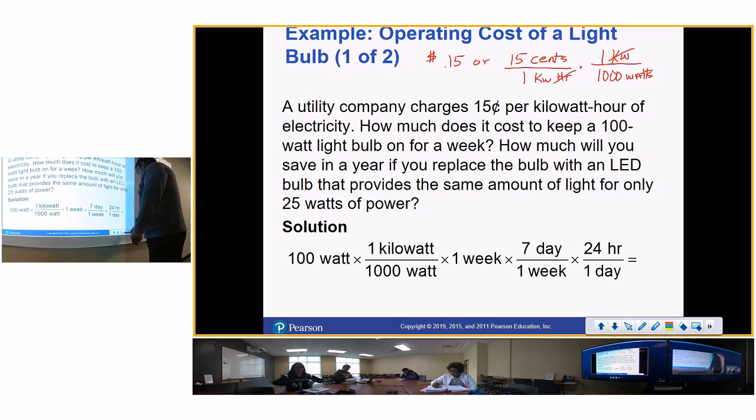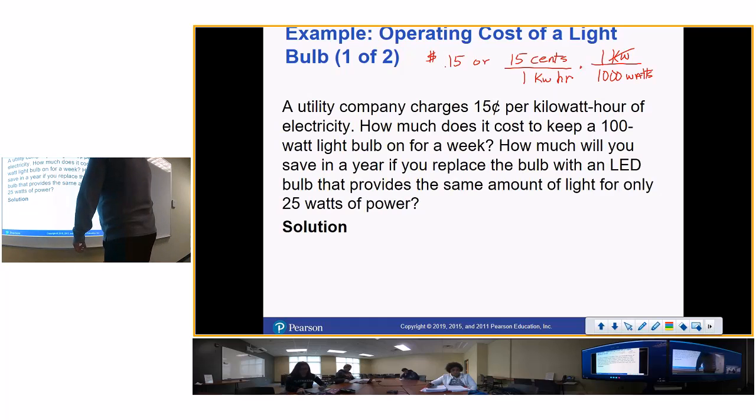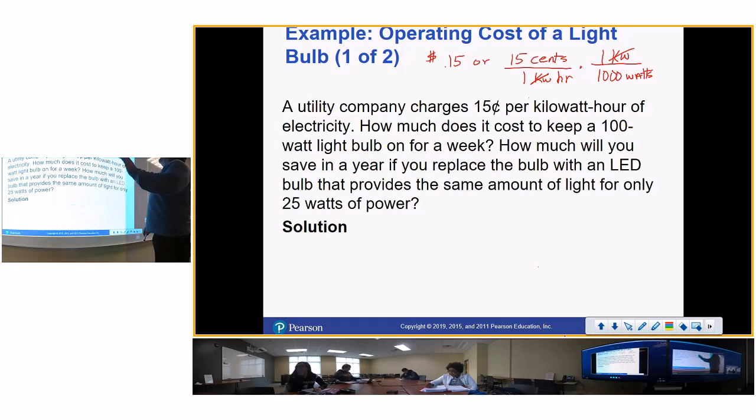Now that doesn't cancel. Okay, so now what do we have? 15 cents per watt hours. You see what we got? Now we don't have kilowatt hours. We have watt hours.